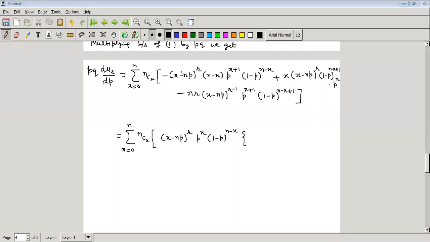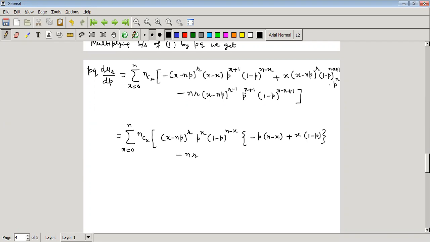In the first and second terms, we take (x minus np) to power r, p to power x, and (1 minus p) to power n minus x as common. So we have minus p into (n minus x) in the first term, plus x into (1 minus p) in the second. Minus, in the third term we can write nr.